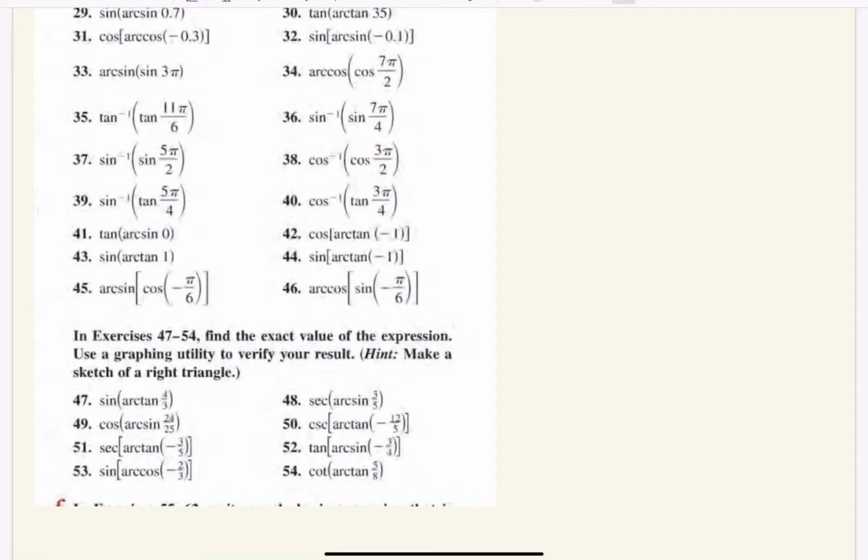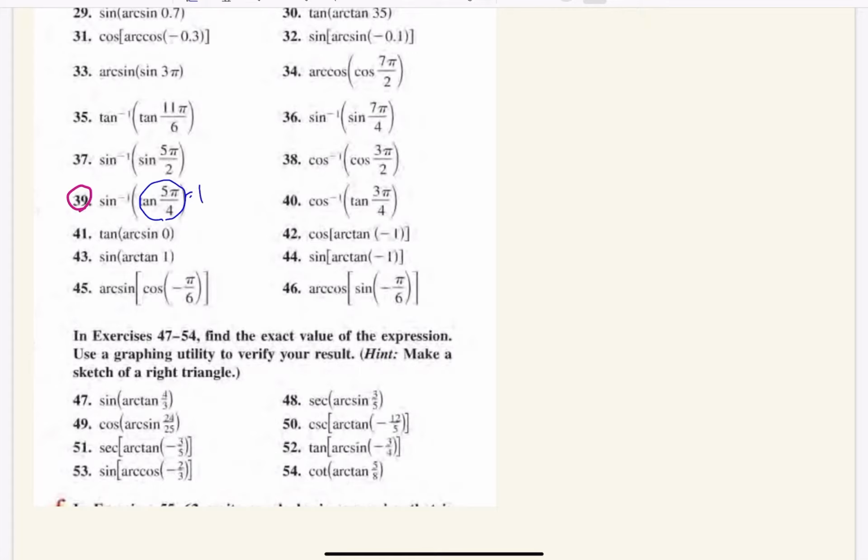Okay, next question is question number 39. Sine inverse tangent 5 pi over 4. We need to find the value of tangent 5 pi over 4. Tangent 5 pi over 4 is 1, because 5 pi over 4 is in the third quadrant.